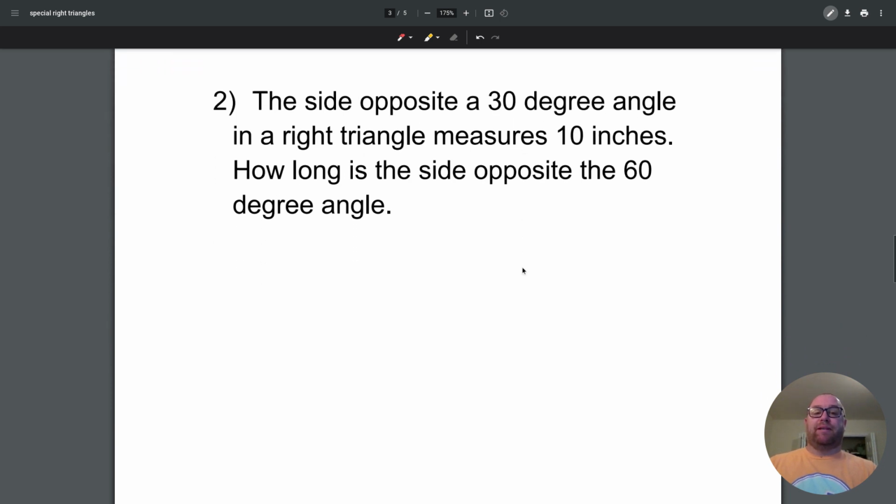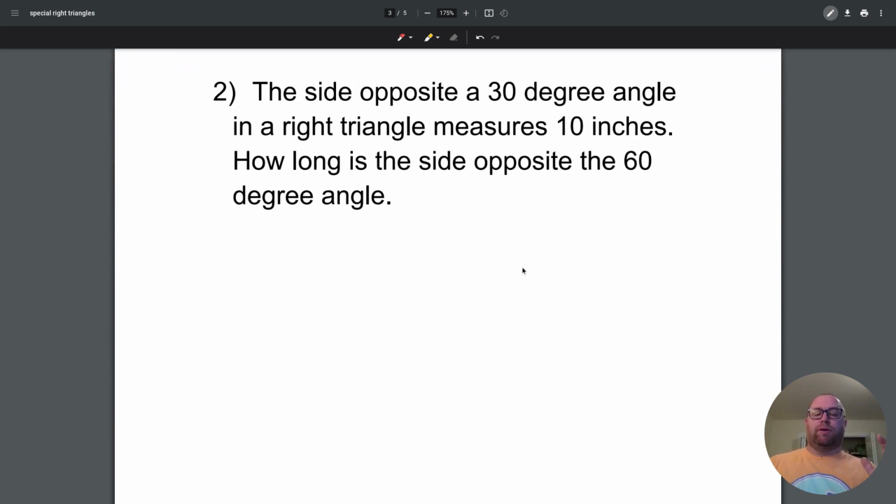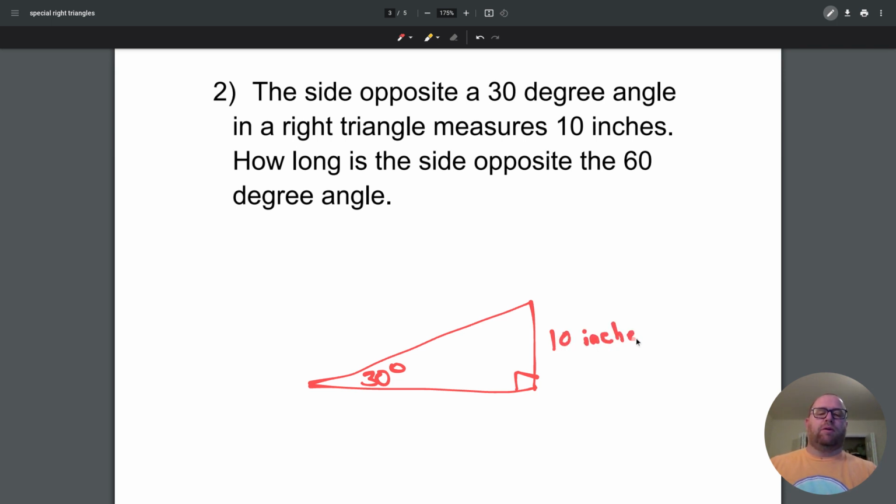All right, let's go down and look at another problem. The side opposite a 30-degree angle in a right triangle measures 10 inches. Okay, let's draw this out first. So we have our 30-degree angle. The side opposite that measures 10 inches. So if we don't want to think about the hypotenuse, we know that's 20 inches, but that's not what the question is asking.